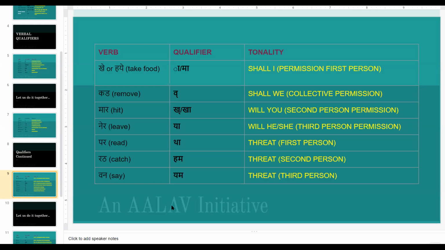Heya bat. Will he take it? He or she, third person. Hem bat. He will have.